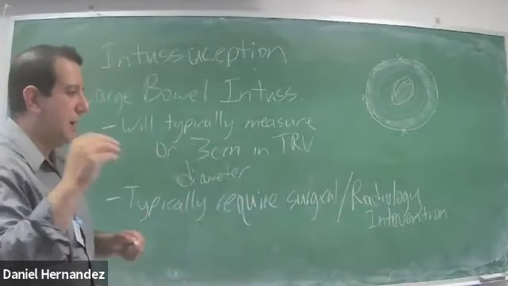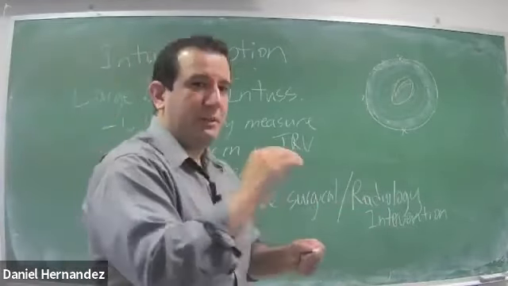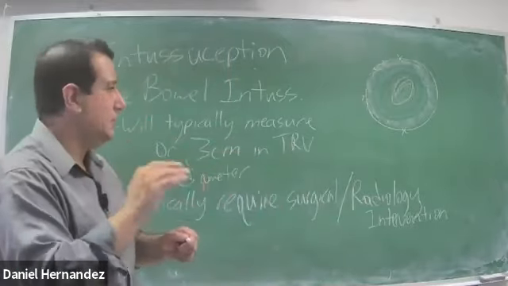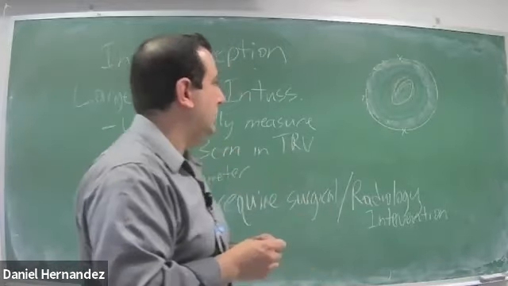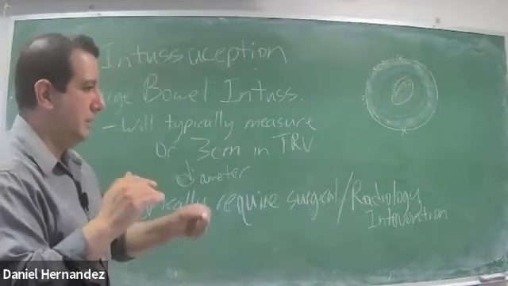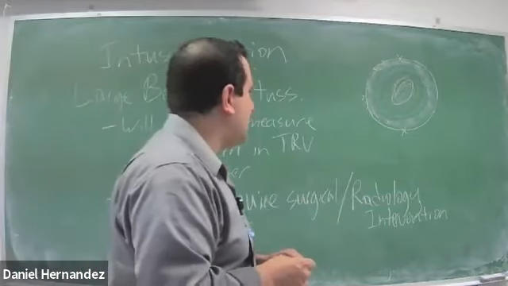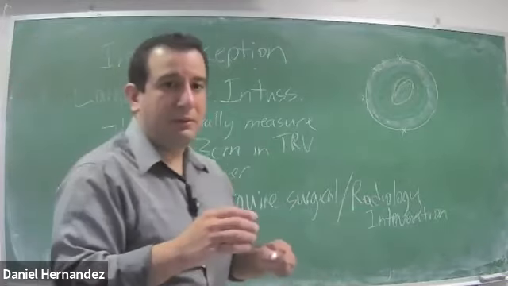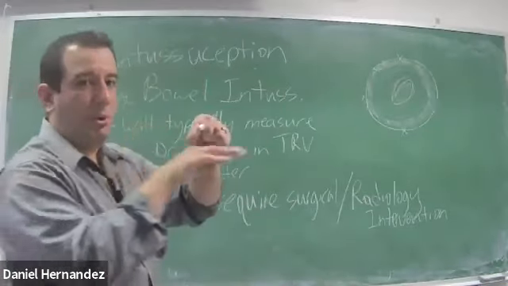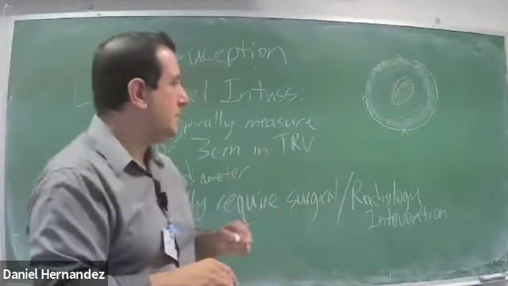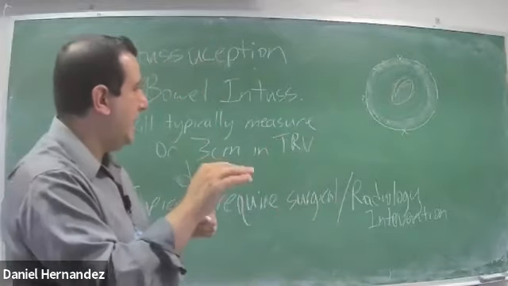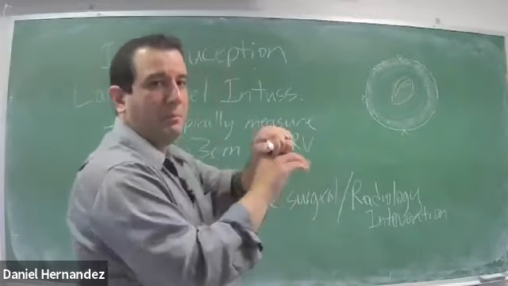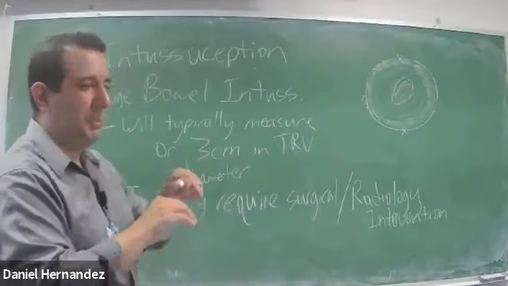They start administering puffs of air into the colon, into the rectum. They insert their catheter into the rectum, and they start inserting puffs of air into the colon in order to try and push that loop of bowel back out. So they'll insert little puffs of air and try and push that telescoping loop of bowel back out.